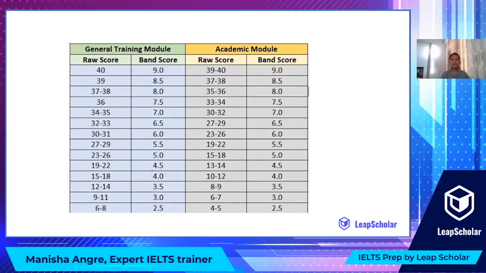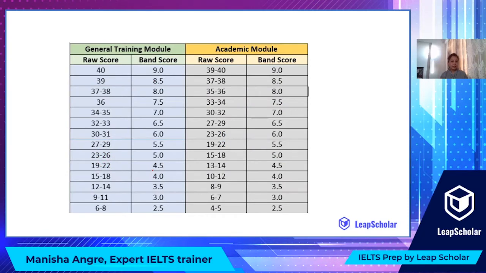The scoring pattern for general training and academic module is definitely different. You can pause here, take a look at the raw scores as well as the band score before you further understand the scoring pattern. Now that you have read it carefully, see the difference here that those who want a 7 band in general training will require a minimum 34 raw score, whereas in academic a 7 band can be achieved by getting 30 correct answers.